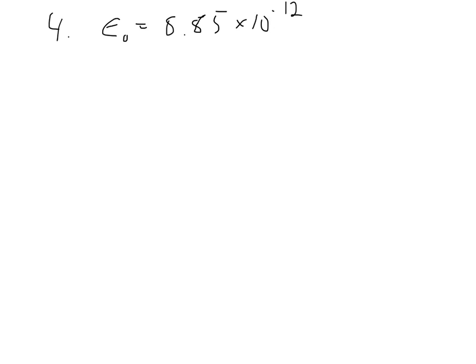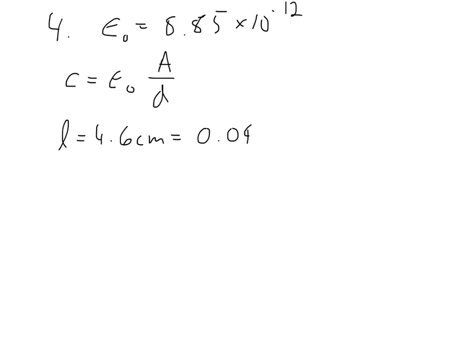So our equation for the capacitance of a parallel plate capacitor is C equals epsilon naught times the area of the plates divided by the distance between them. What we have in this problem is the length of each side is equal to 4.6 centimeters, and that equals 0.046 meters.